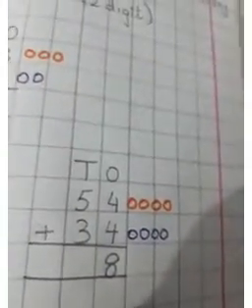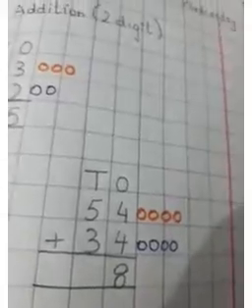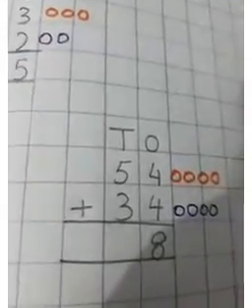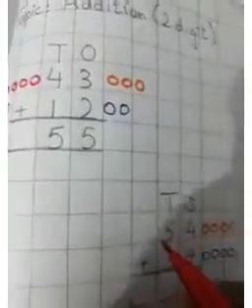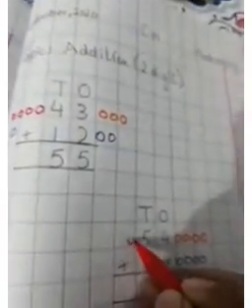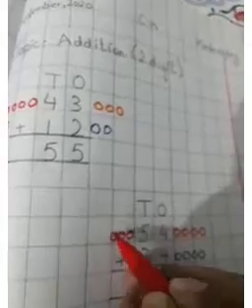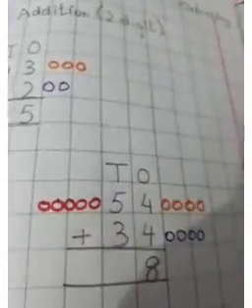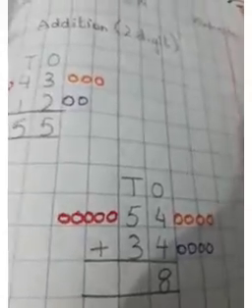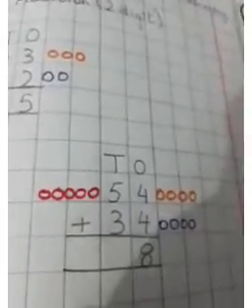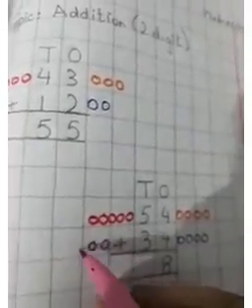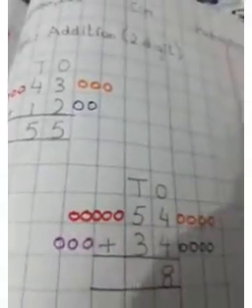Okay, let's move to the 10 side. Which number is at the top? 5. So 5 counters. 1, 2, 3, 4, 5. And which number is at the bottom? Number 3. So how many counters? 1, 2, 3.